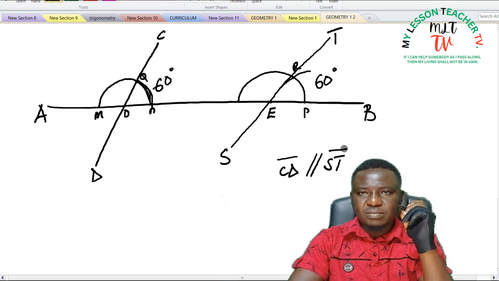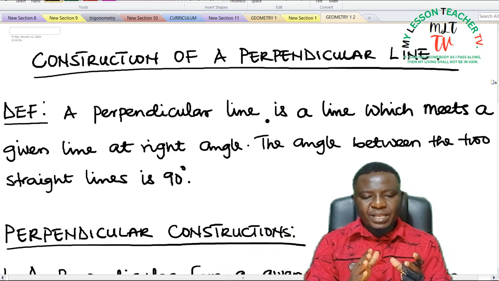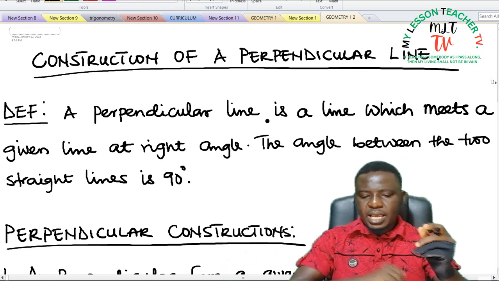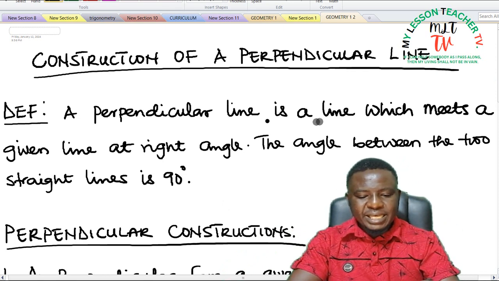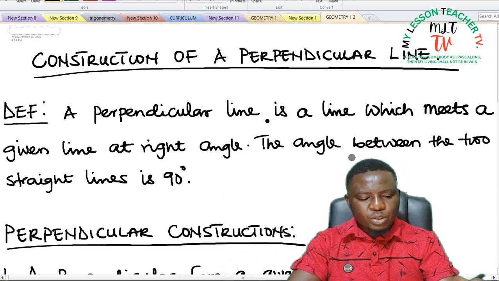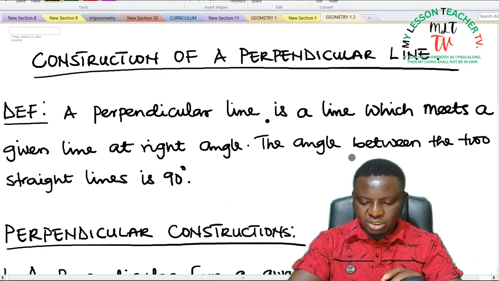Next, we are going to look at construction of a perpendicular line. A perpendicular line is a line which meets a given line at a right angle, or the angle between the two straight lines is 90 degrees.